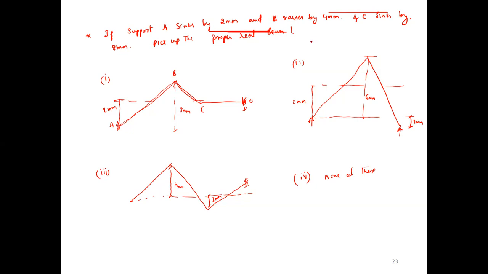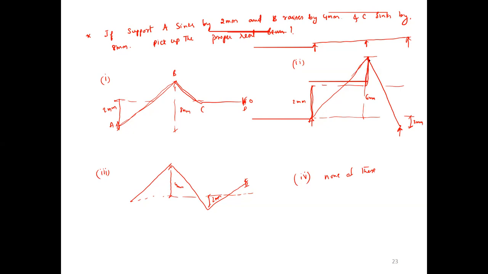If you consider a continuous beam, say for an example, all simply supported. Support A sinks by 2 mm. Here I am assuming this is the support. Next, support B rises by 4 mm.